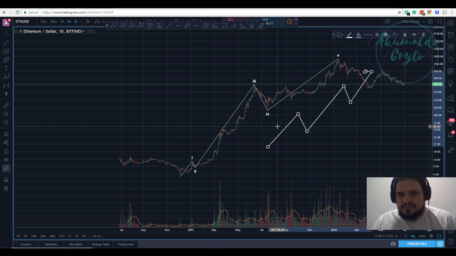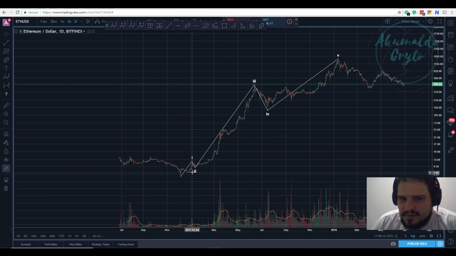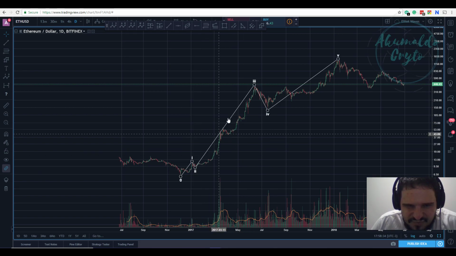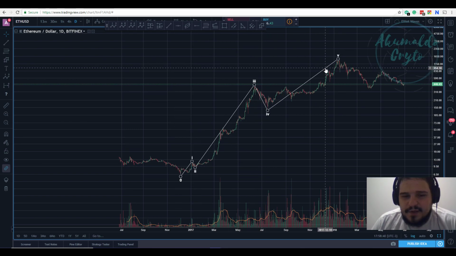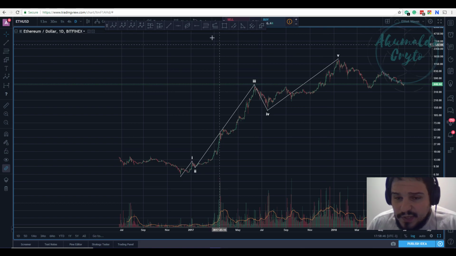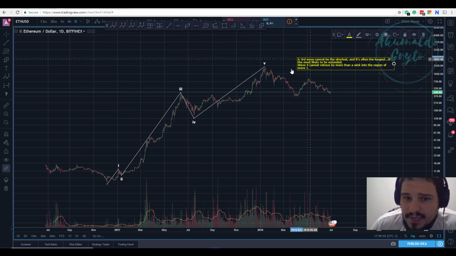A beautiful 1, 2, 3, 4, 5, right? We don't have this in real life. We have this weird shaped wave 5. Weird shape 1, 2, 3, 4, 5. Okay, guys. So this is the basic of Elliott wave, impulse wave 1, 2, 3, 4, 5. Okay, this is the basic.